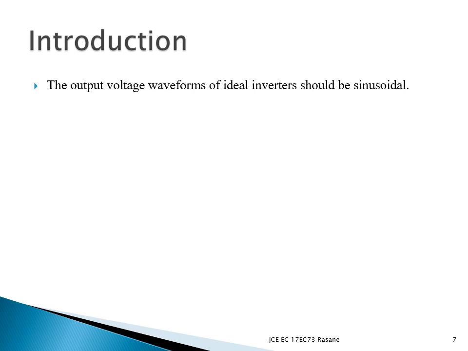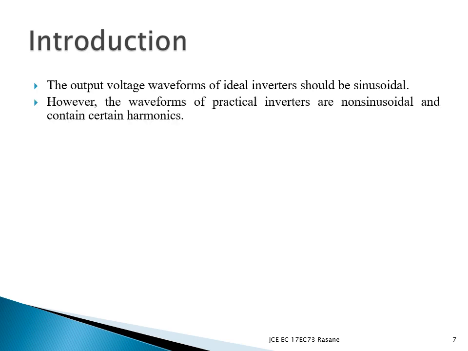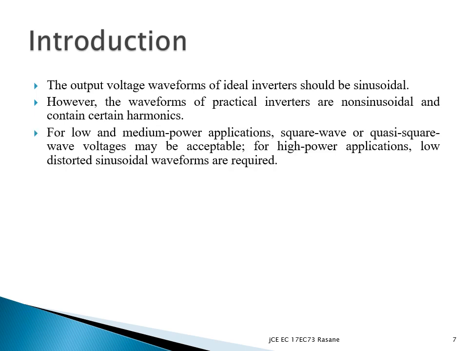Continuing with the introduction, the output voltage waveform of any ideal inverter, we require it to be sinusoidal. But in practical inverters, they are non-sinusoidal and also contain certain harmonics. Normally, if a waveform is not sinusoidal, it means it does have certain harmonics with it. For low and medium power applications, we can even deal with square wave or quasi square wave voltages. It is acceptable.